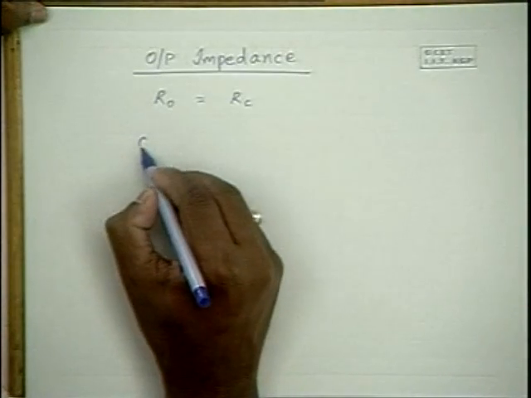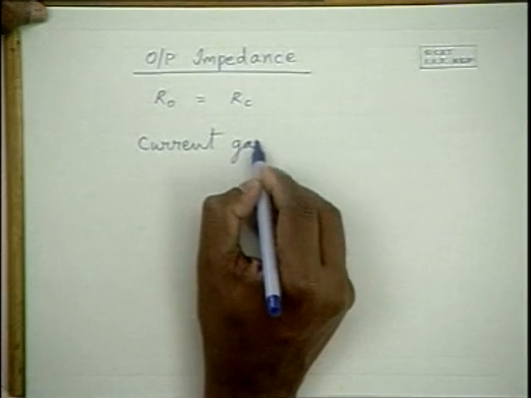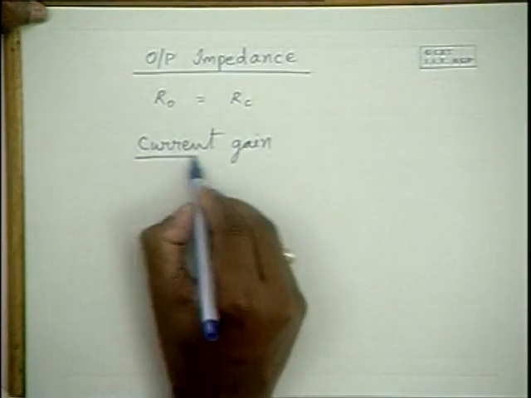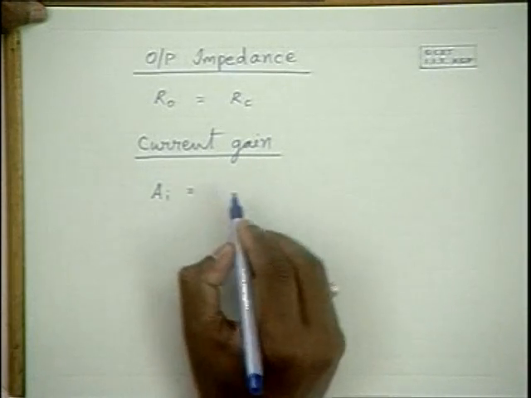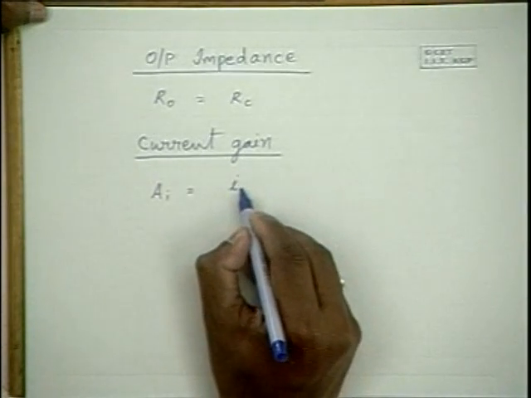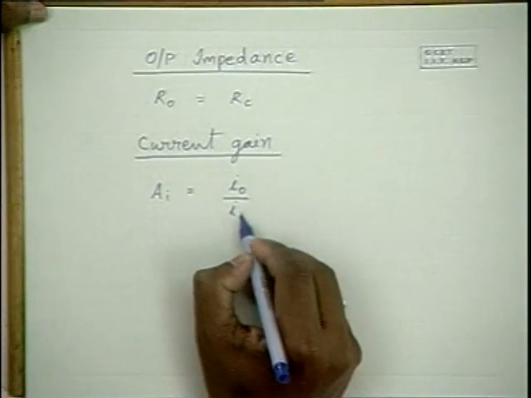Now current gain. Current gain is defined as the output current or the load current divided by the input current.